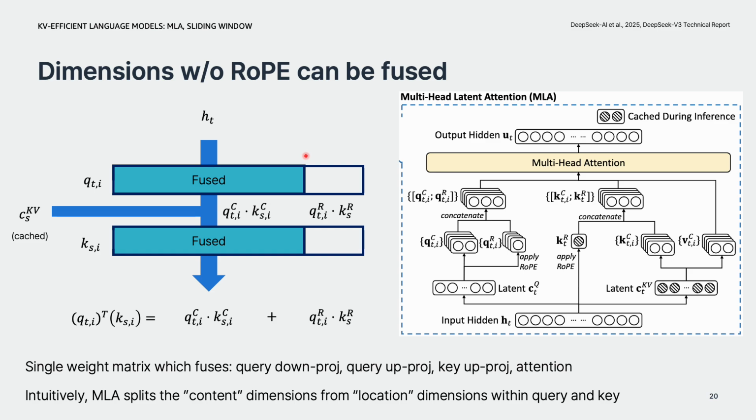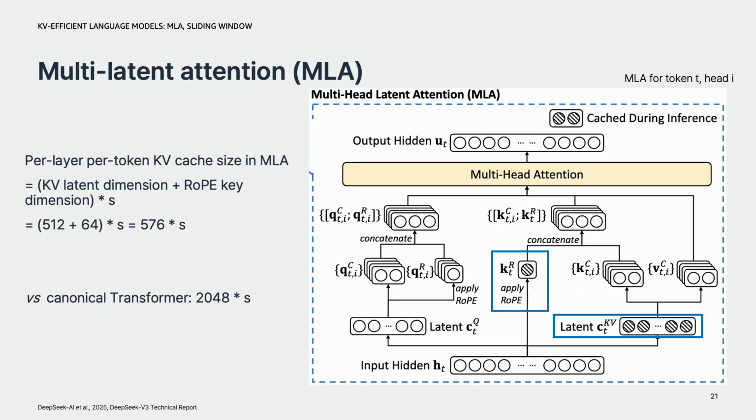So intuitively speaking, MLA splits the content dimensions from the location dimensions within query and key. So back to our main agenda. How does MLA reduce the KV cache size?